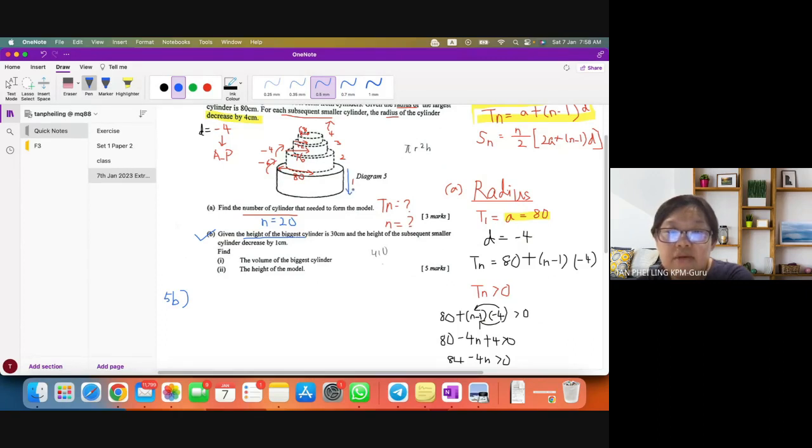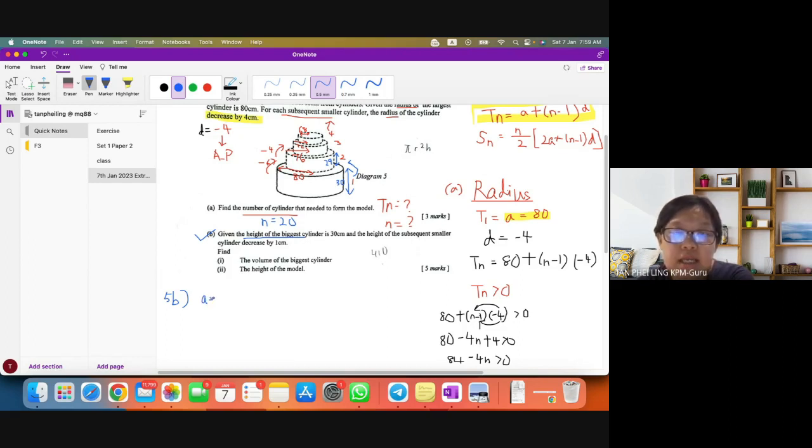Now only they tell us about the height. The height of the biggest cylinder is 30, and the height of each subsequent smaller cylinder is decreased by 1. So this one becomes 29. So here it gave us a lot of information.